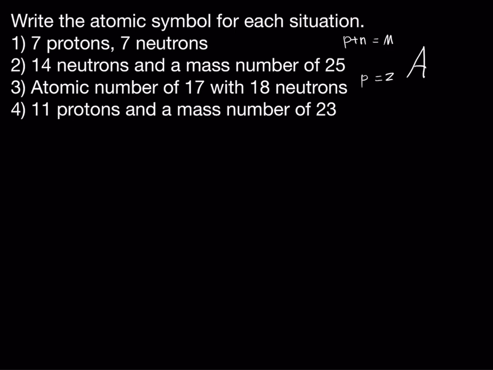So let's look at the first one. We have 7 protons and 7 neutrons. If we have 7 protons, that means that on the bottom we will have 7, because we have the atomic number. And if we have 7 neutrons, we're going to add that to the number of protons. So that's going to become 7 plus 7, or just 14.